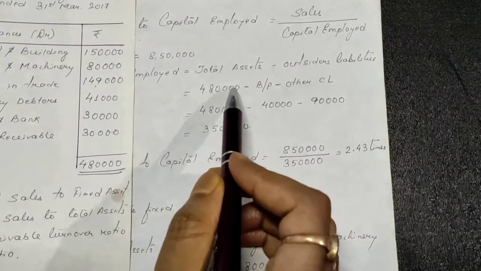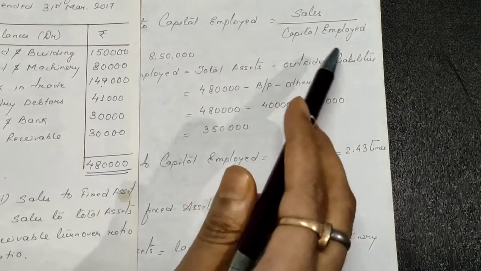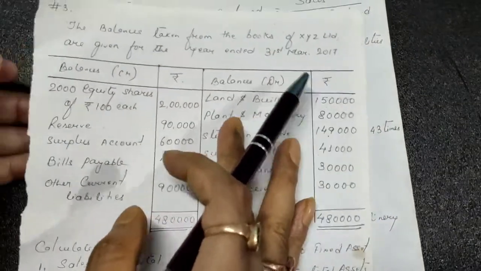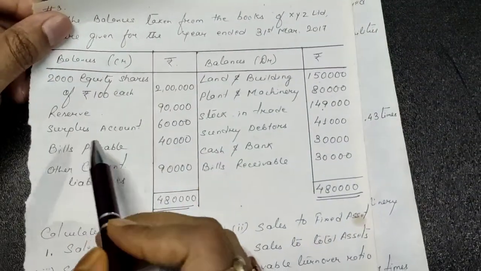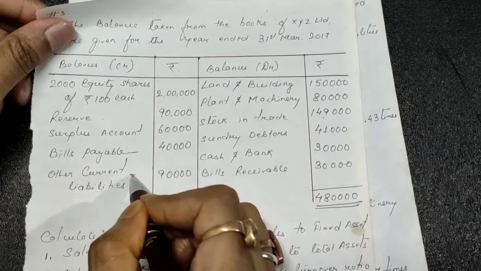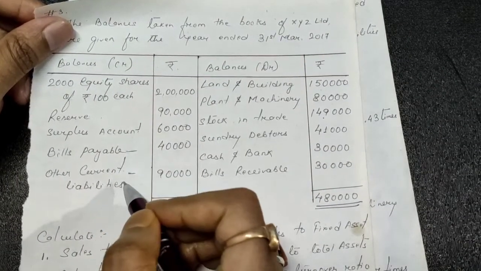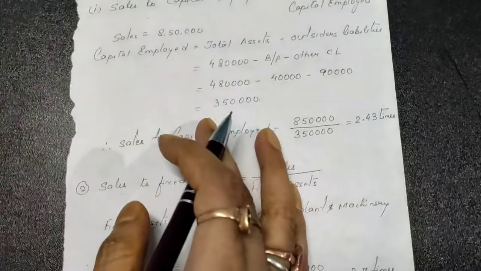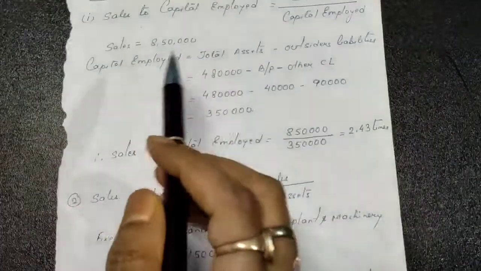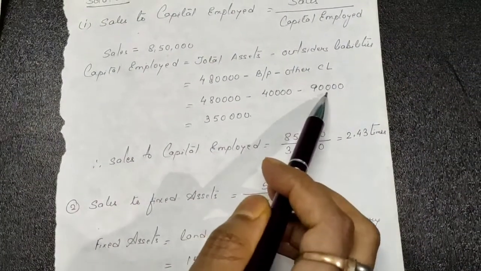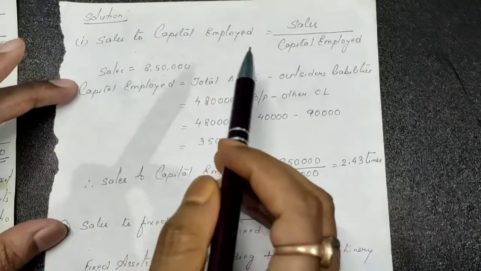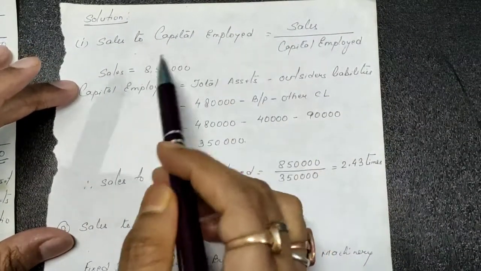I wrote here 4,80,000 minus outsiders liability. Now here you have to be careful because you have to know which are the outsider liabilities. So in this particular question, these two, I'll just mark here, this bill receivable and other current liabilities, these two are your outsiders liabilities. So these two amounts given here are 40,000 and 90,000. So that's what I wrote here, minus 40 and minus 90. By solving this, I got 3,50,000.